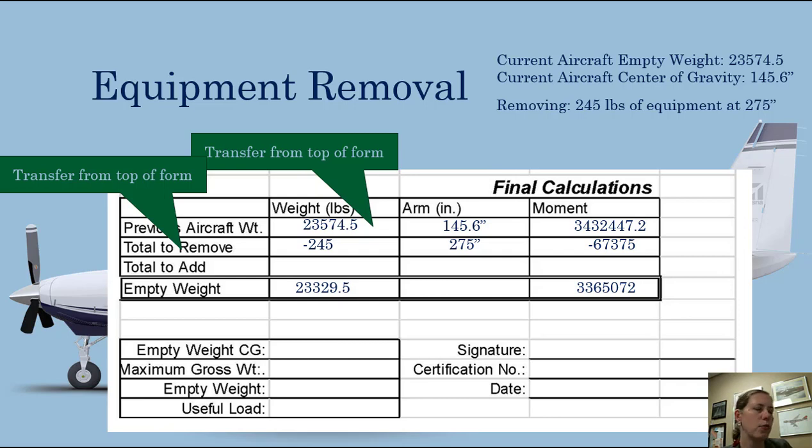And then I do my calculation of our total moment divided by our total weight, and that gets us our center of gravity. So doing that math, we just divide our moment, and I can even pull up my calculator here.